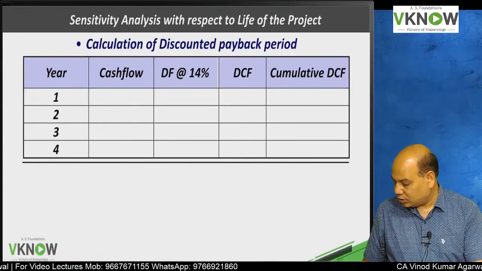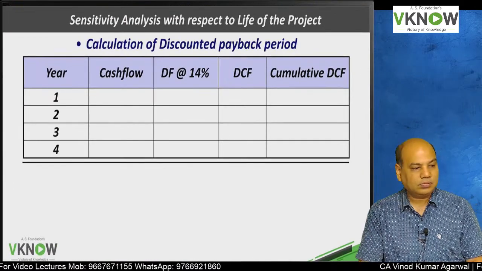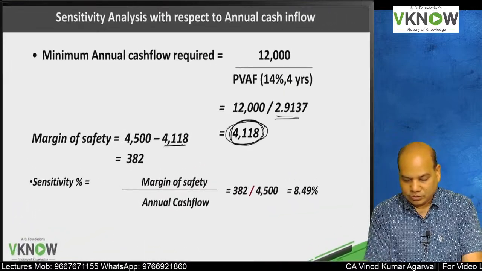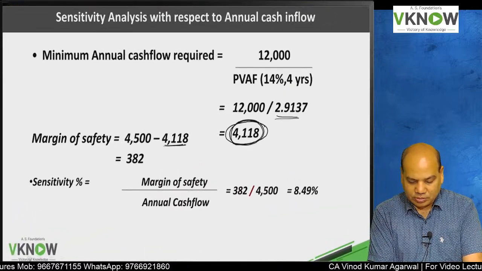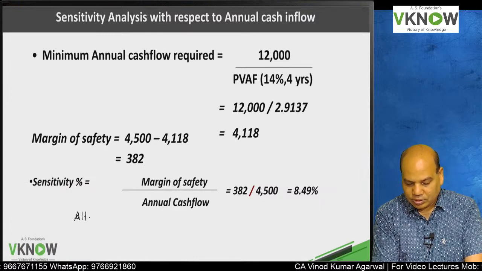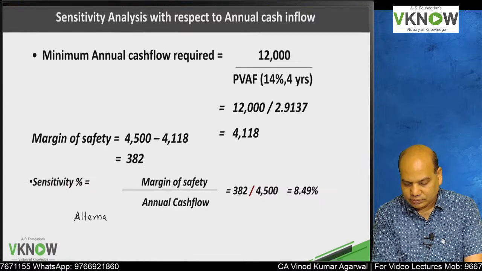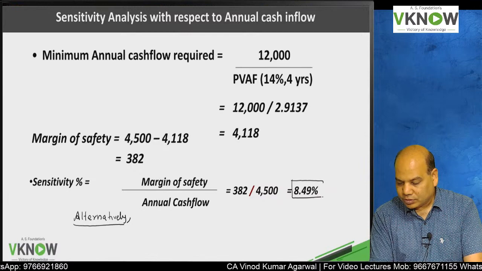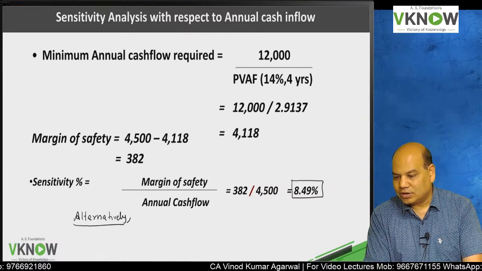Now the next calculation is, wait a minute. This question can be answered alternatively also. Write down alternatively. I am going to give you one more way to solve cash inflow sensitivity.